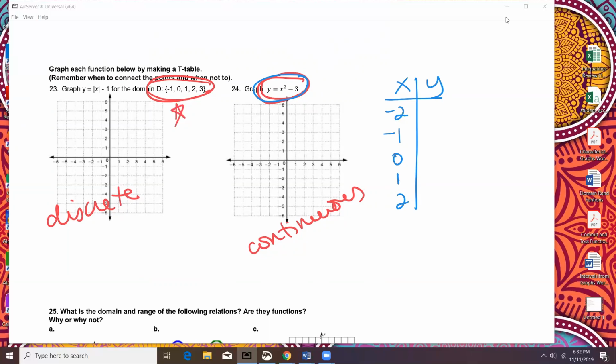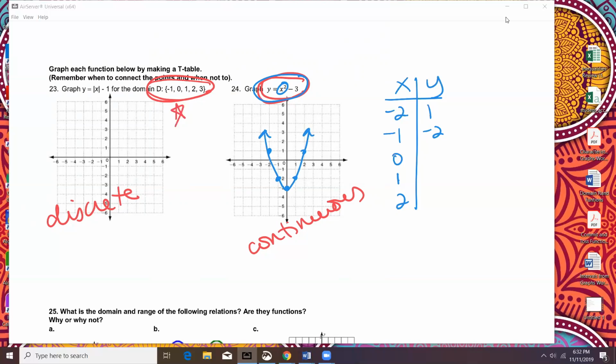So you would do -2 squared, which is 4. 4 minus 3 is 1. -1 squared is 1, minus 3 is -2. 0 squared minus 3 is -3, and so on. Then you get your points, and these you would connect.